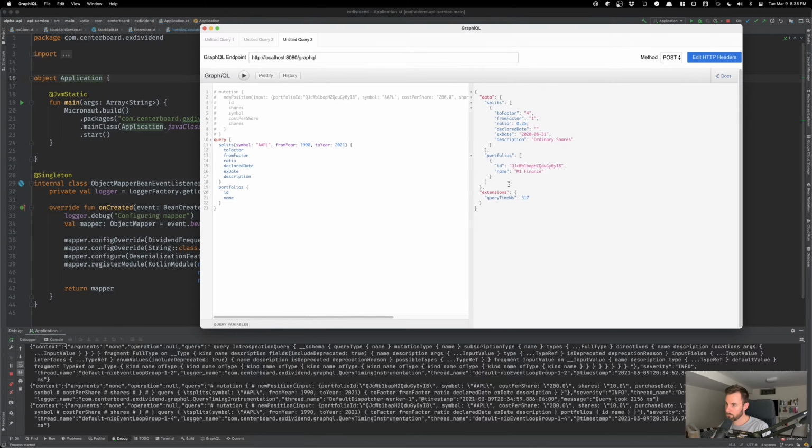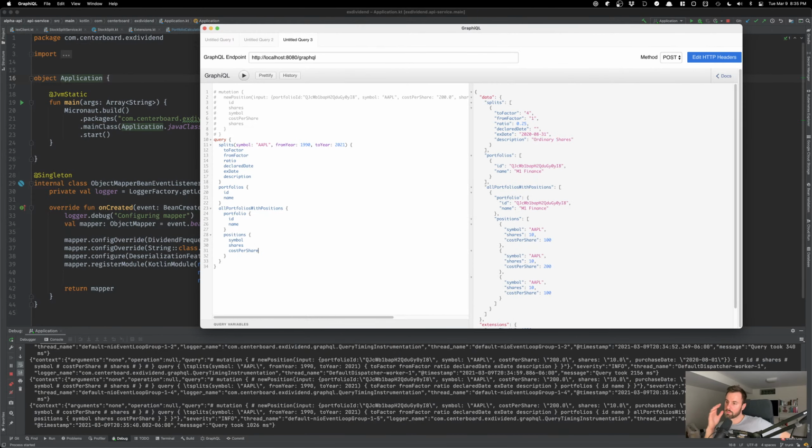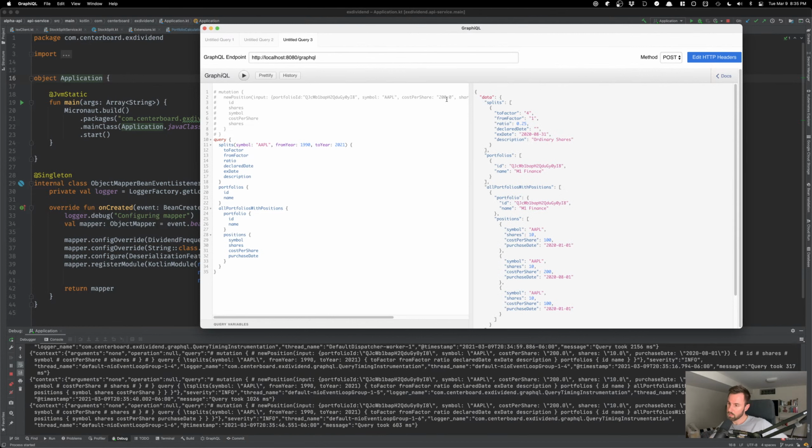So I have one portfolio. All portfolios with positions. Portfolio ID, name, positions. We're going to call it symbol, shares, and the cost per share first so that we can see what we got. And then maybe we'll say what's the purchase date on these bad boys.